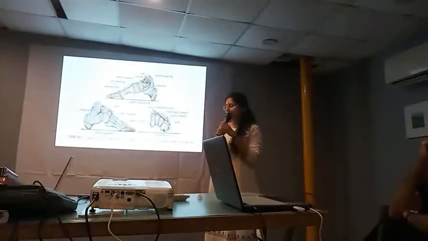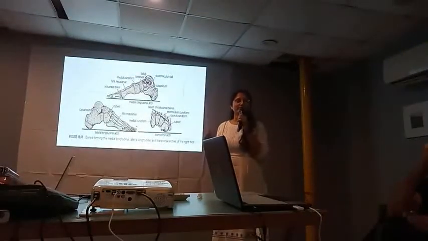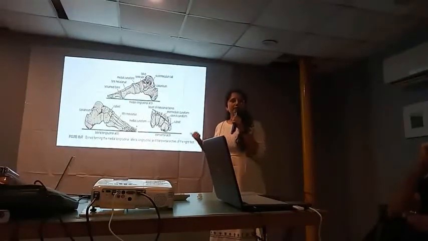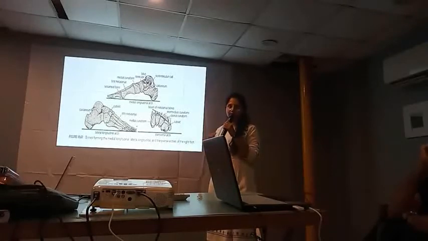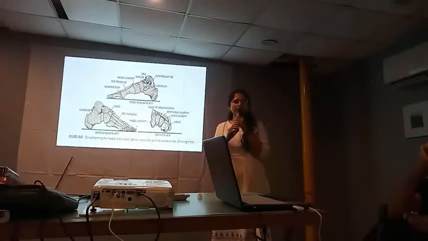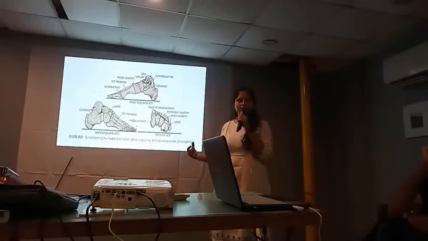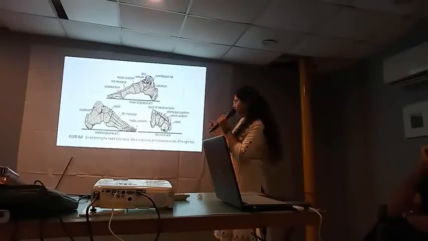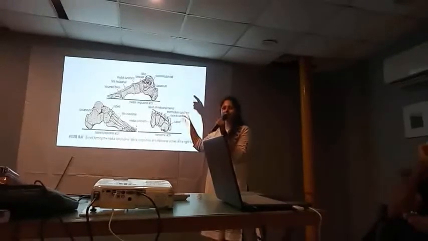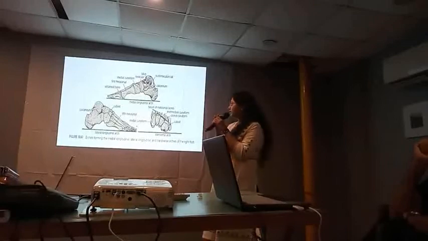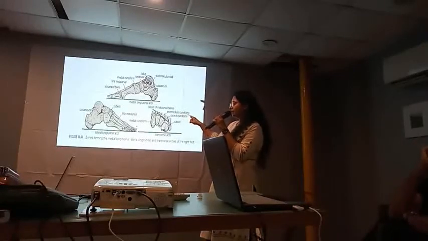Here you can see the arches. We have 3 arches on our foot: the medial longitudinal, the lateral longitudinal, and the transverse one. The weight distribution in our foot is like 50% going backward, in the hind foot part. As you can see in the medial arch, that is calcaneum, talus, and navicular. And in the lateral, it goes on calcaneum and cuboid.